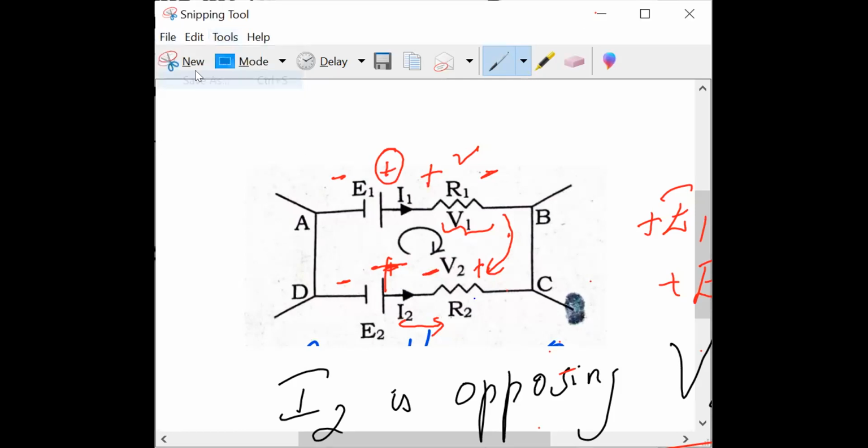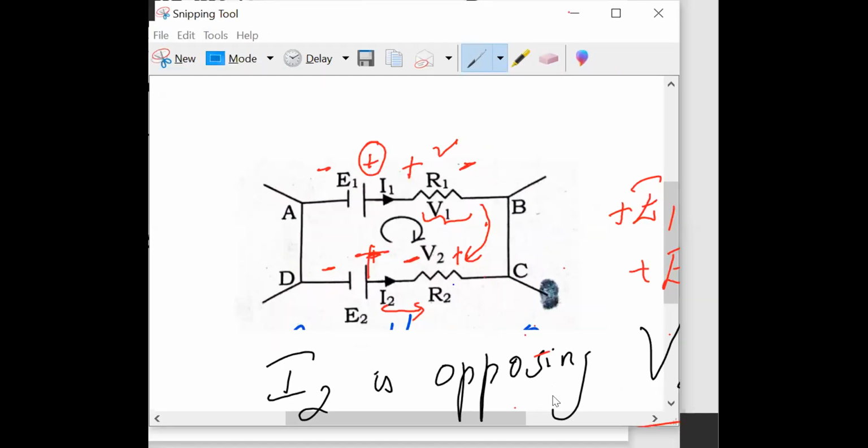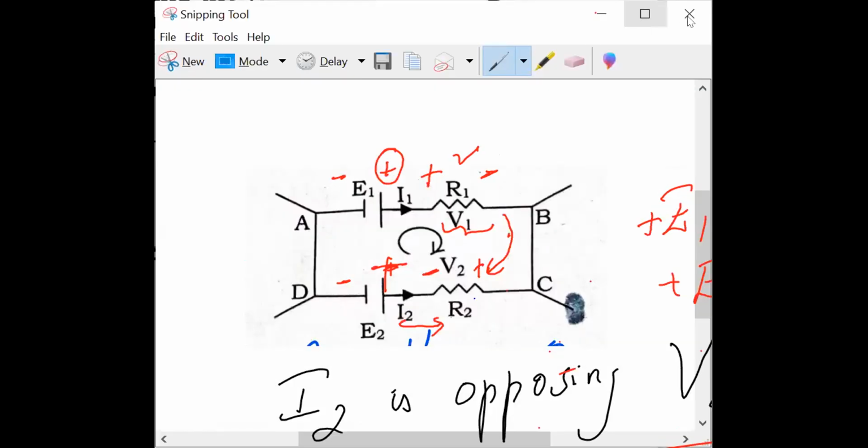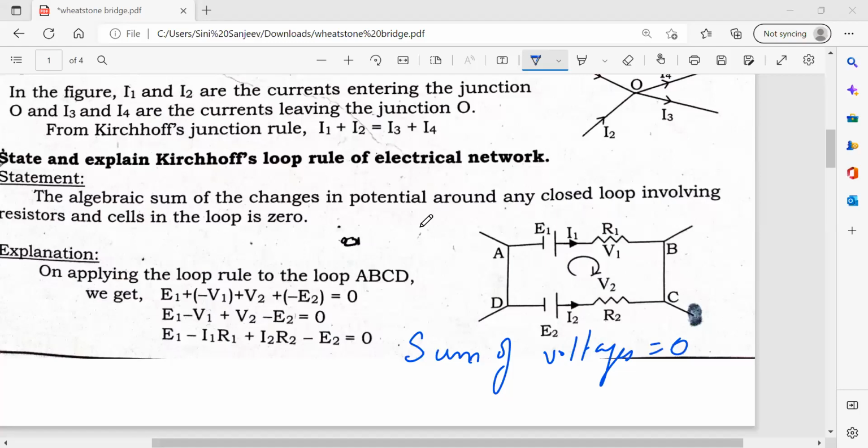Let me save this. Yeah. Now I'll come back to the original thing.